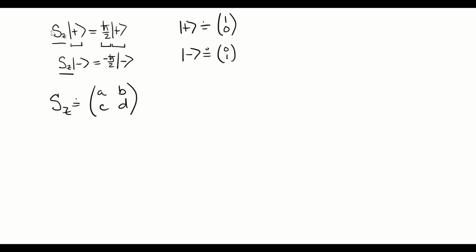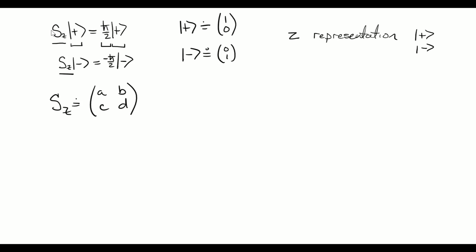Now, again, just like when we first discussed these spin up and spin down basis vectors as column vectors, we needed to be sure which basis we're using to describe that, and we're using the Z representation, where our basis vectors are the plus and the minus.